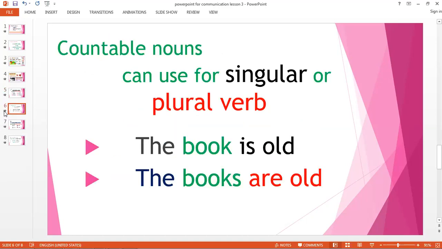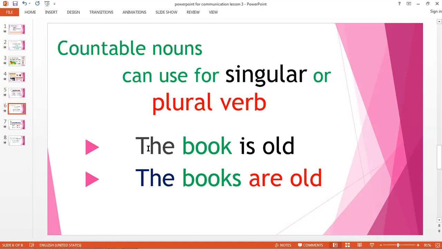Now, next. Countable nouns can use a singular or plural verb. As I told you a while ago, singular is a word that is only one. A plural noun should be more than one.